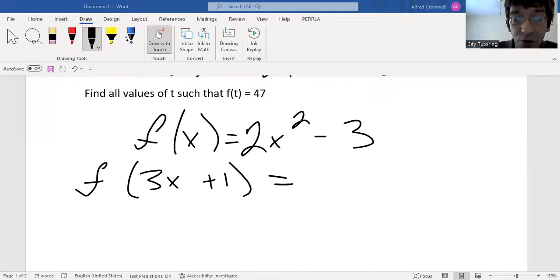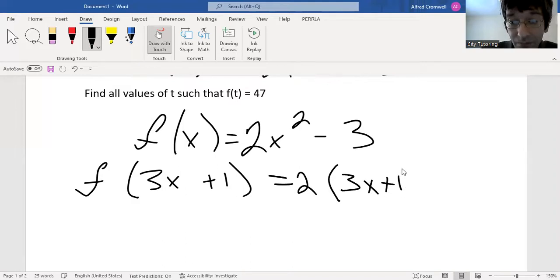So now f of 3x plus 1 is equal to 2 parentheses 3x plus 1 squared, and you keep, of course, the rest of the stuff. So now you need to evaluate this. Inside the parentheses, you've got 3x plus 1 squared.